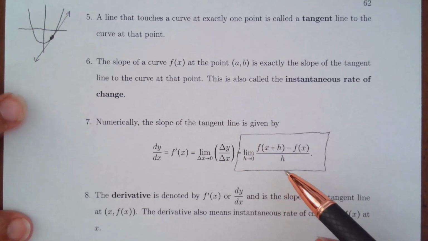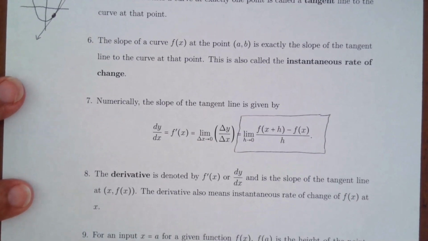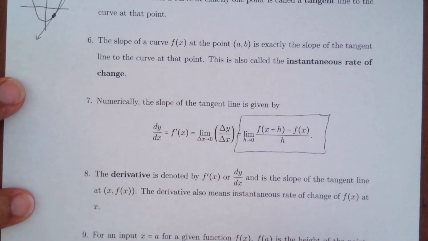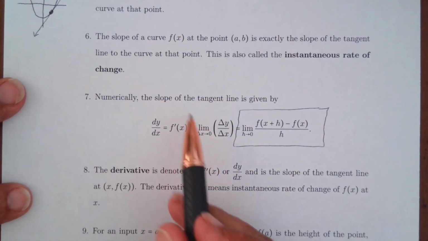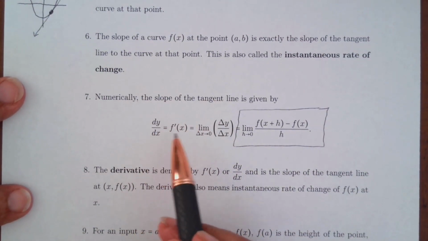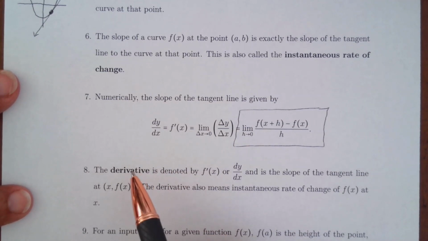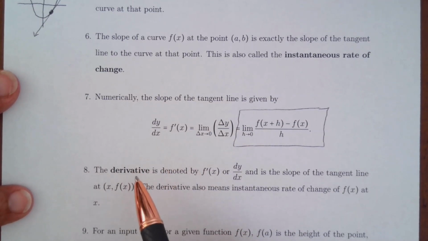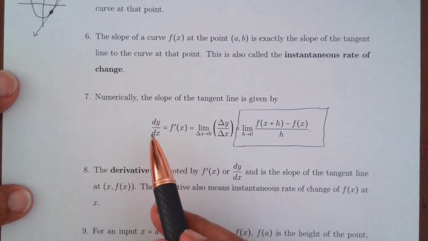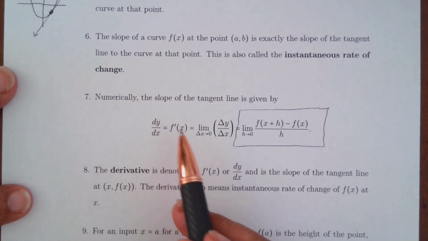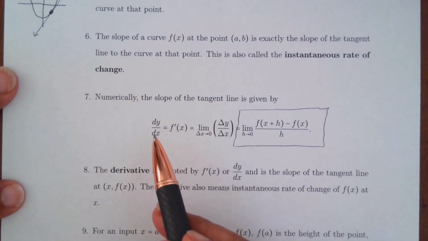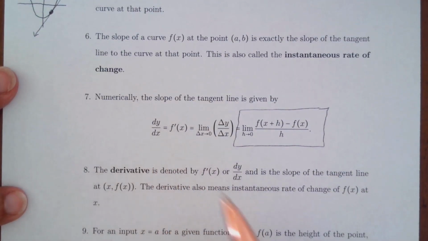Now, dy over dx, or f prime of x, is new notation for some of you if you've not had calculus before. These are the notations for derivative. Either one of these is fine. Derivative can be denoted as dy over dx or f prime of x. So when you see either one of these notations, that means that's the derivative.